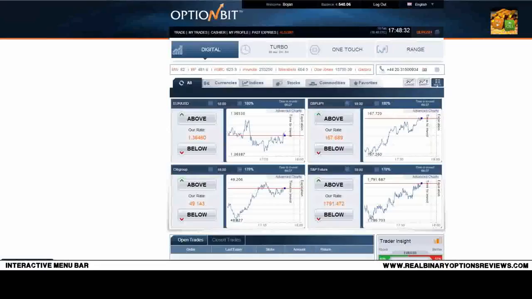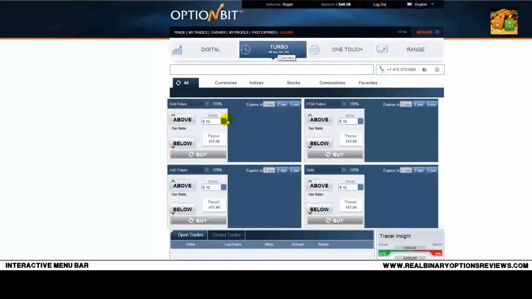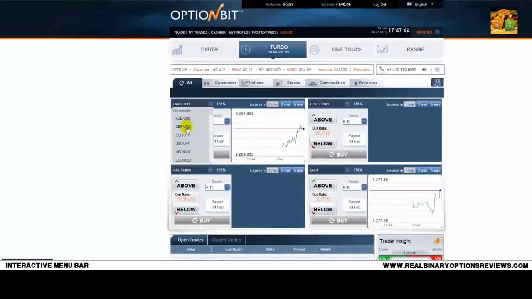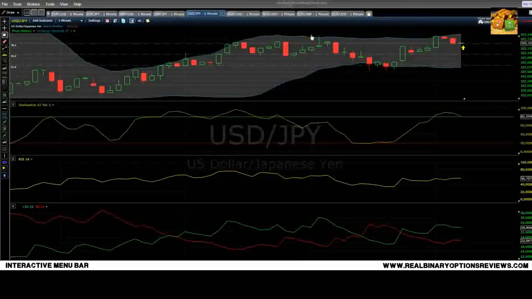So basically this is the US dollar yen. So I'm going here, I'm going to select turbo options, and I want to open the US dollar yen, and I want to see what's happening on the chart. I'm just going to make a 10 euro trade here.